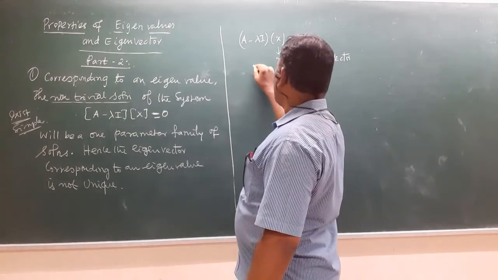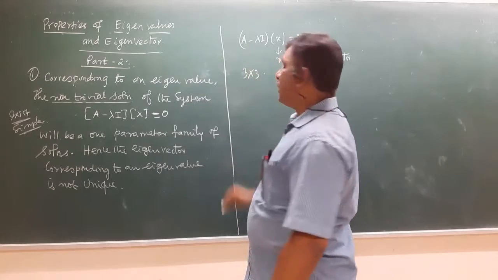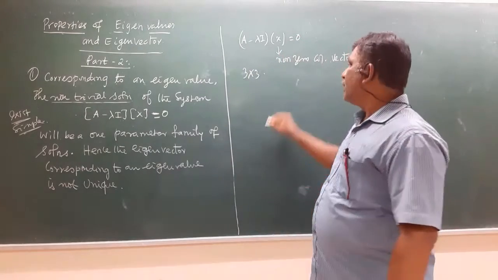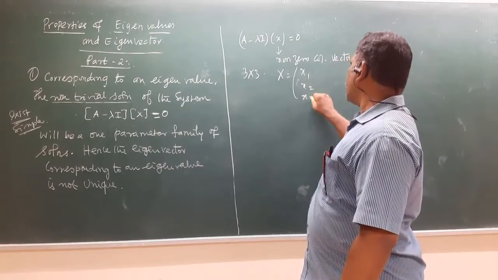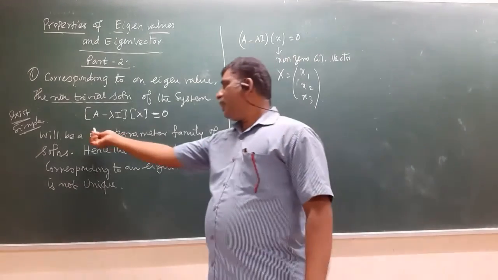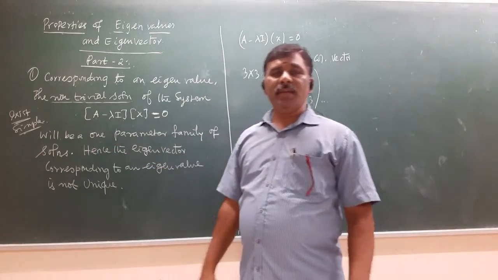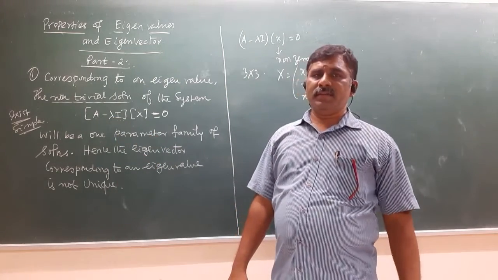So, in case a 3 by 3 matrix is given, then the non-zero column vector x is x1, x2, x3. A is the given matrix and I is the identity matrix.